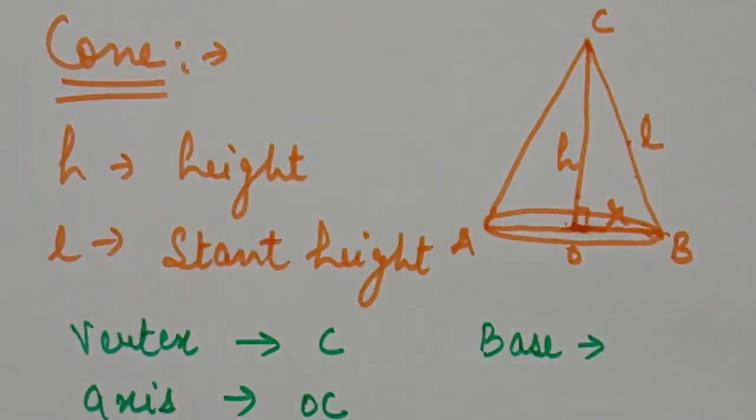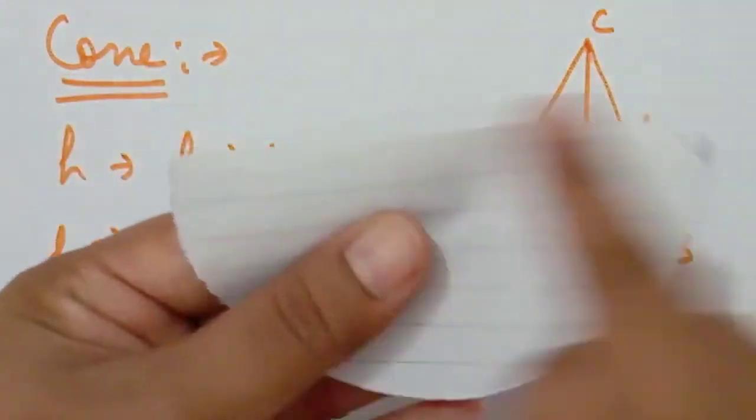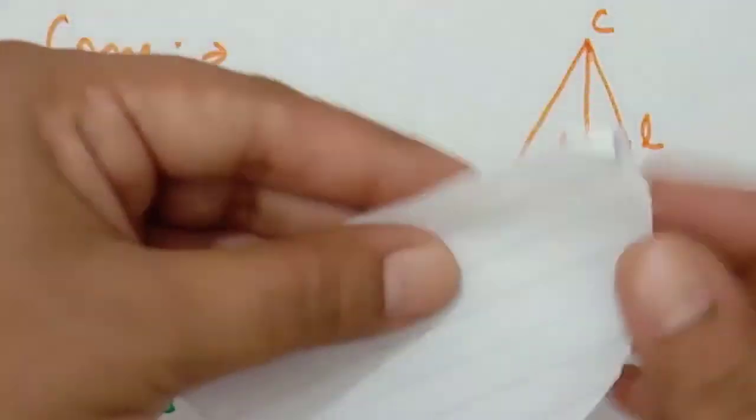So students, now I will show you how we will make a cone when we have a paper like this, where this is the diameter and this is the circumference of the semicircle.